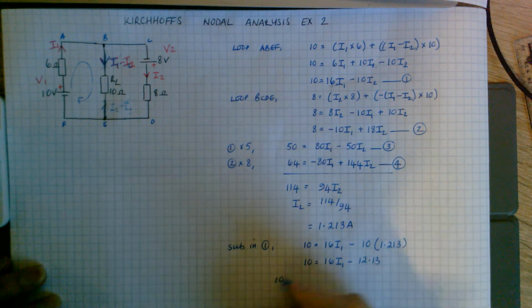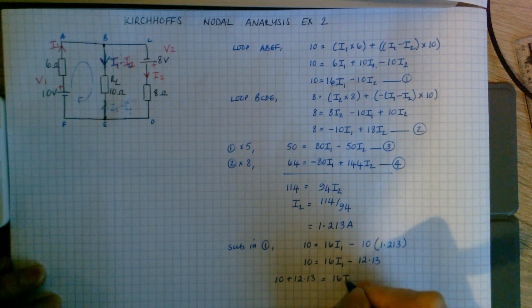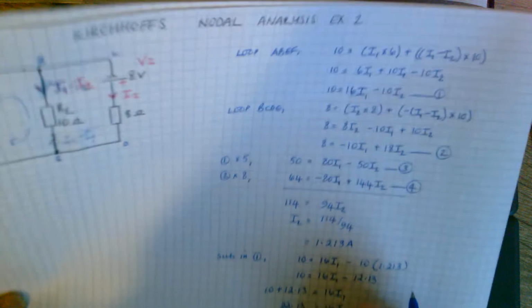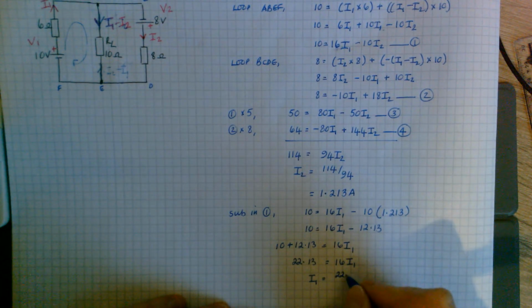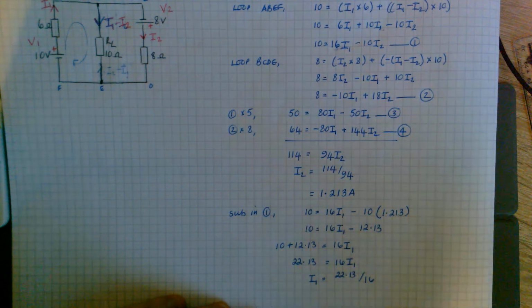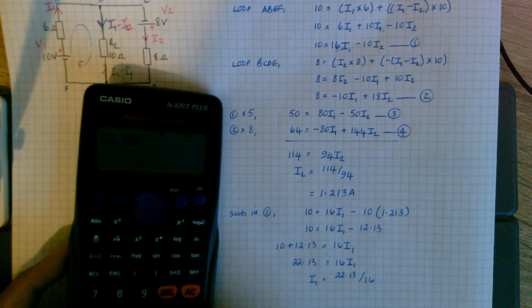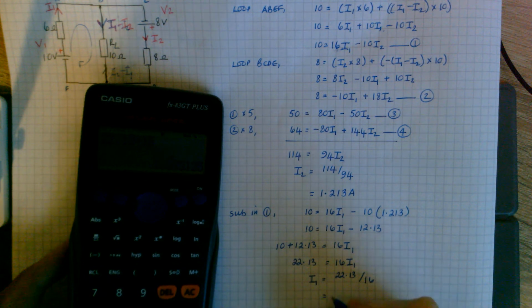Then when I change sign for this one, it goes from being negative to being positive. And it gives me an I1 value of 22.13 divided by 16, 1.383 to 4 significant figures.